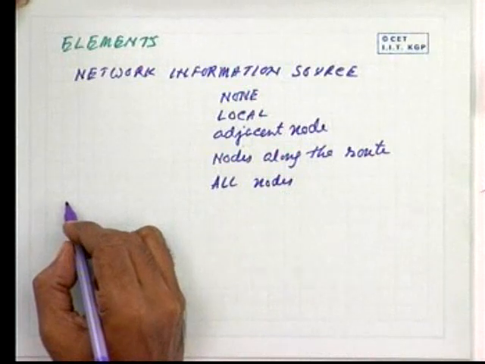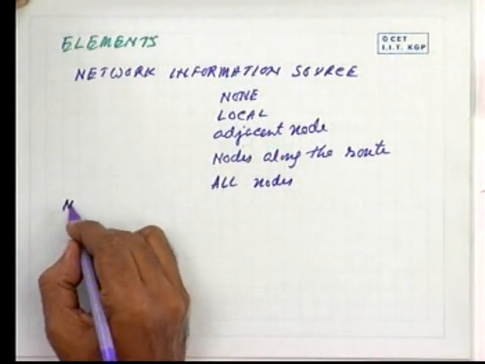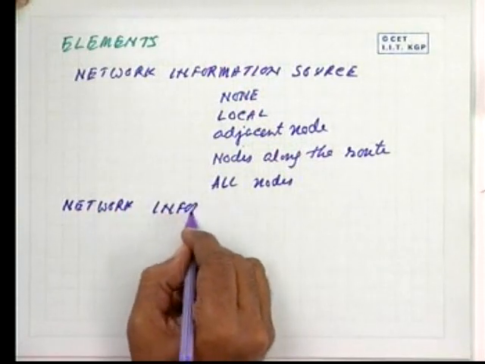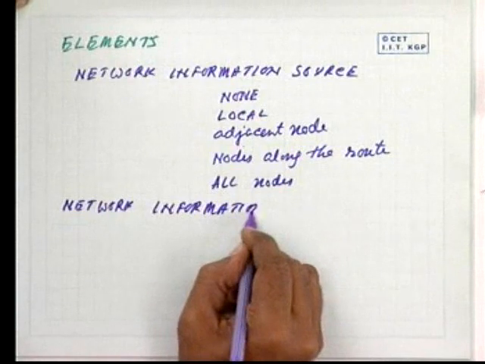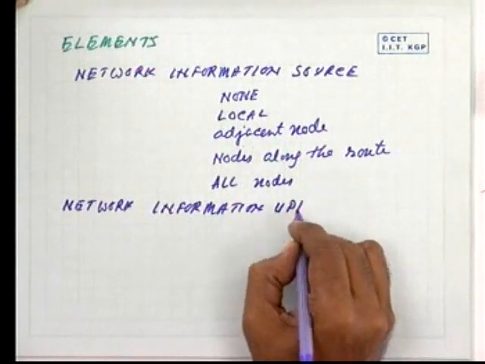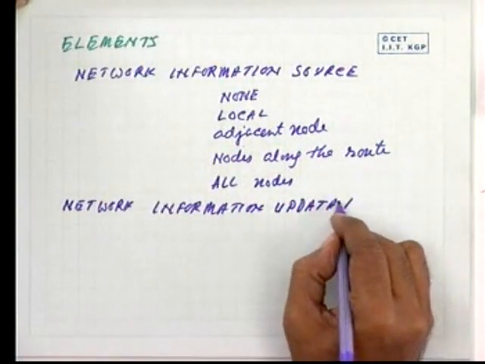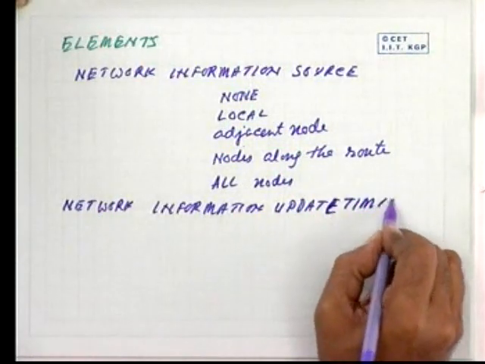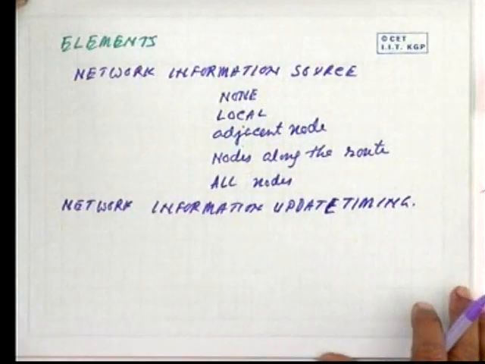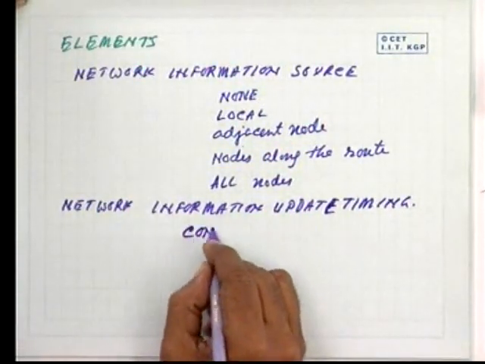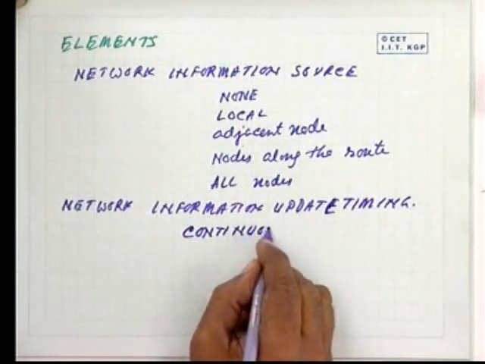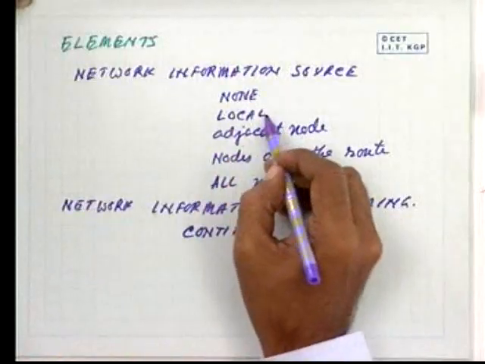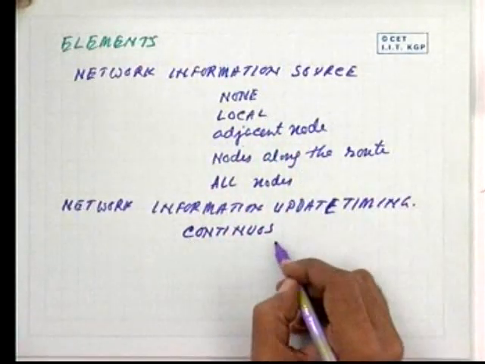Finally, another element is network information update timing. It can be continuous. When it is taken from, say, local nodes or adjacent nodes, it can be continuous.